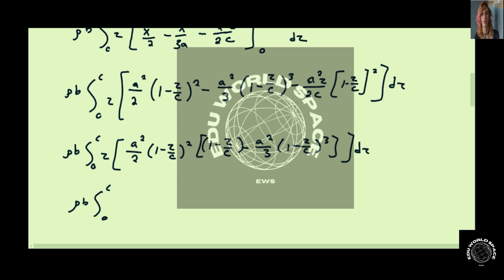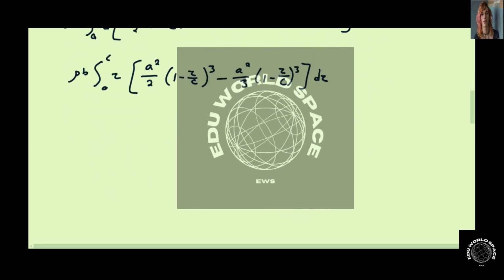So we have c to 0, and this is 0 here. Z a squared over 2, (1 minus z over c), I keep forgetting that minus sign, z over c cubed minus a squared over 3, 1 minus z over c cubed dz. Okay, and we're just going to keep on going.